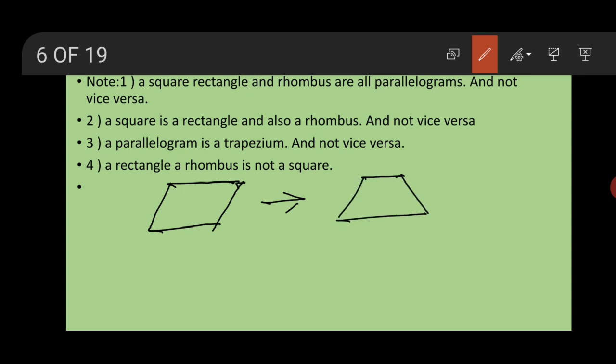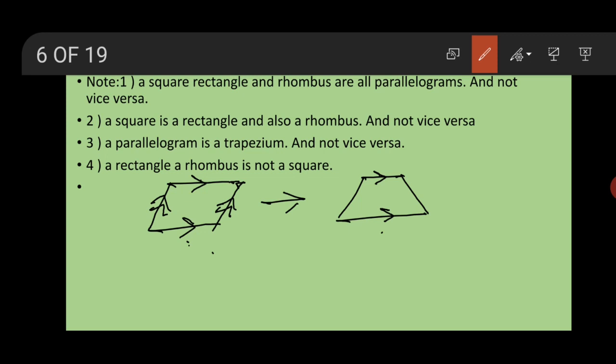Yes, sometimes it is a trapezium. Why? Because one pair of opposite sides are parallel. Here also one pair of opposite sides are parallel. Therefore, a parallelogram is also a trapezium, but it is not vice versa.